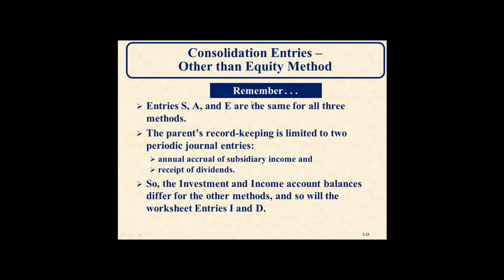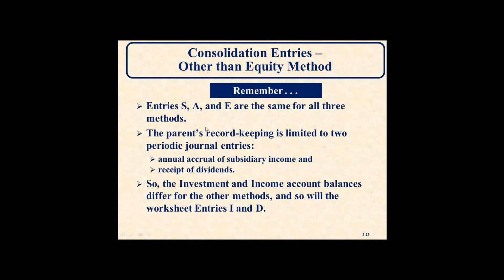So remember, entries S, A, and E are always the same no matter which of the three methods you're choosing. The parent's record keeping is limited to 2 periodic journal entries, annual accrual of income and receipt of dividends. So the investment and income account balances differ depending on the method, and so will worksheet entries I and D. So I and D are the only ones that are going to differ.